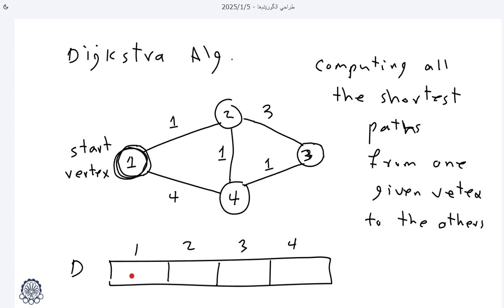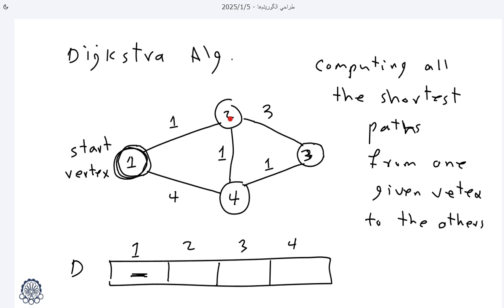The node 1 is the start vertex, so we have nothing in room 1 because we do not compute the shortest path from node 1 to itself. For the others, we initialize the array by the weights of the edges.